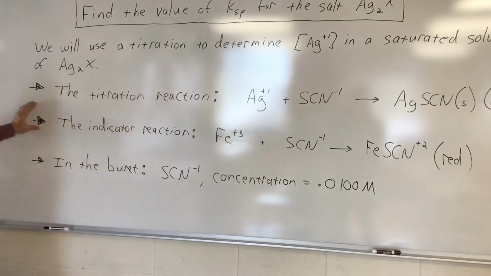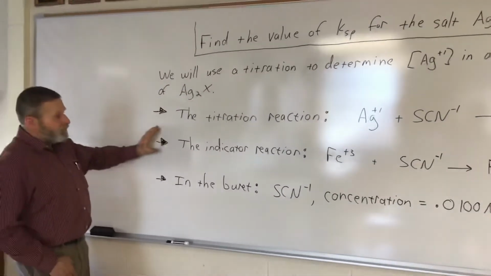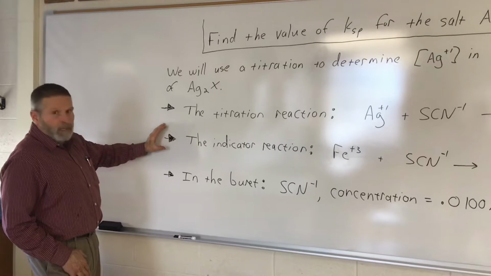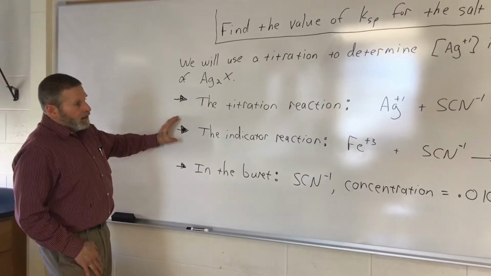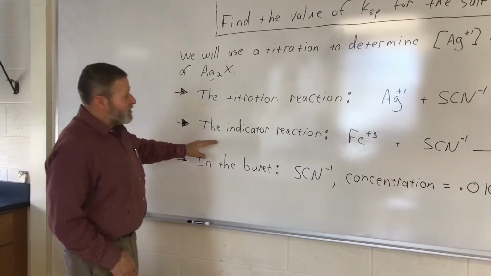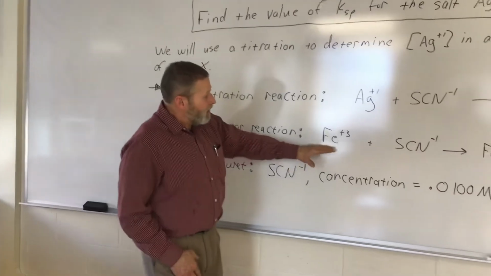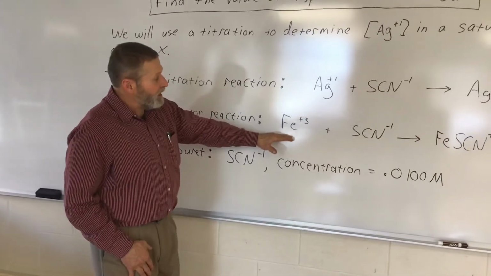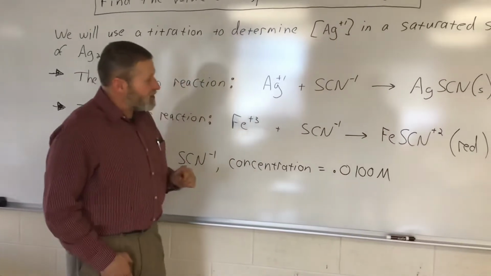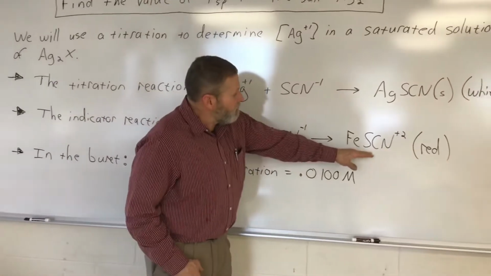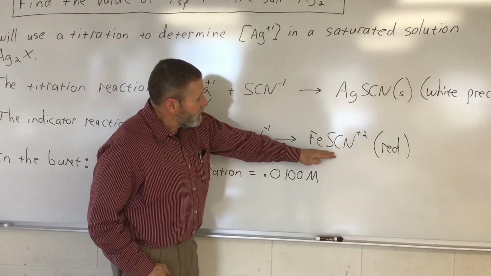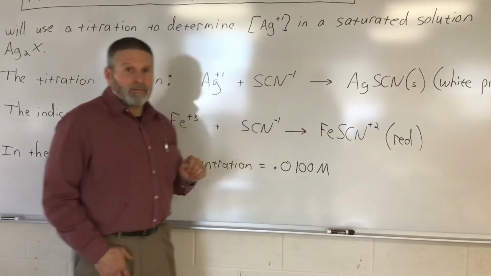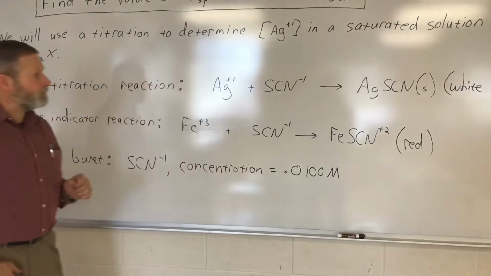To use as an indicator, we're going to have iron +3 ions. This is a different reaction, the indicator reaction. The iron +3, when it reacts with SCN -1, makes an ion that has a red color, kind of a brownish red color.